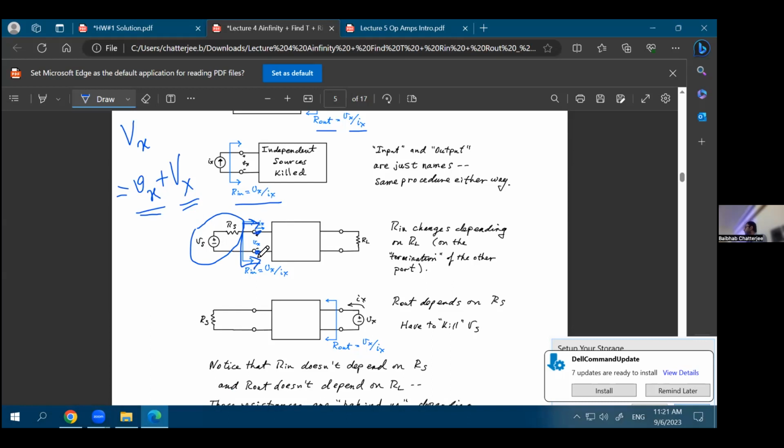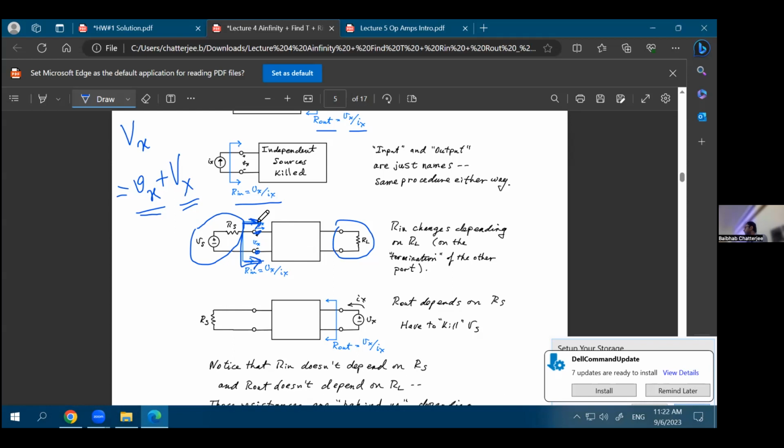But because you are looking into the right-hand side, if I change something on the right-hand side, it will change your input resistance. So if I change my load resistance RL, it will affect the input resistance of the black box. Whatever is present on the right-hand side will affect my resistance when I'm looking into the right-hand side.